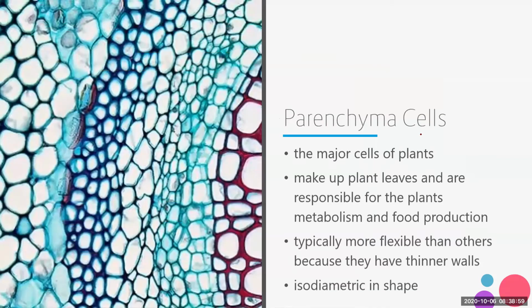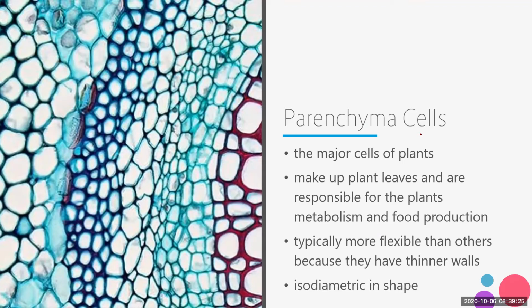So parenchymal cells. The parenchymal cells are the major cells of plants. They make up the plant leaves and are responsible for the plant's metabolism and food production. So, si parenchyma, usually makita na siya all throughout the plant. There are some parenchymal cells na naga-contain og chlorophyll or chloroplast.